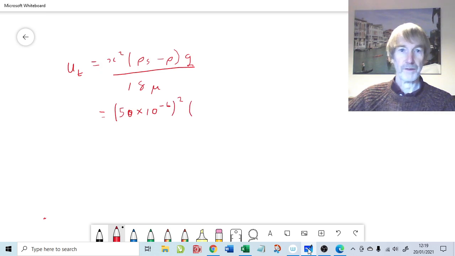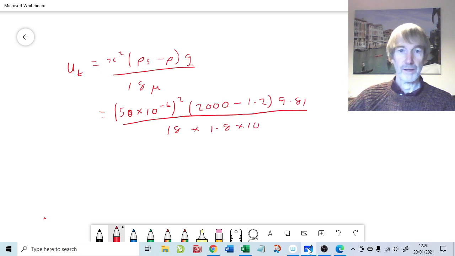Then we have a density difference of 2000, the solid's density, minus 1.2, the fluid density, then 9.81, all over 18 times 1.8 times 10 to the minus 5.